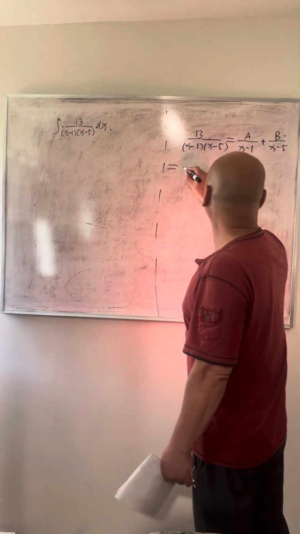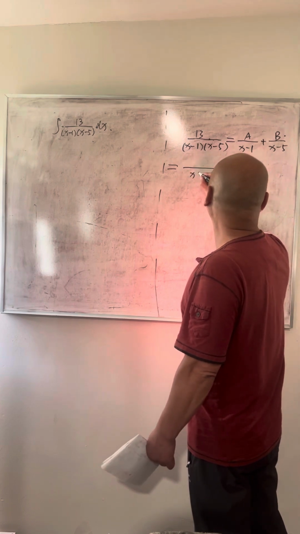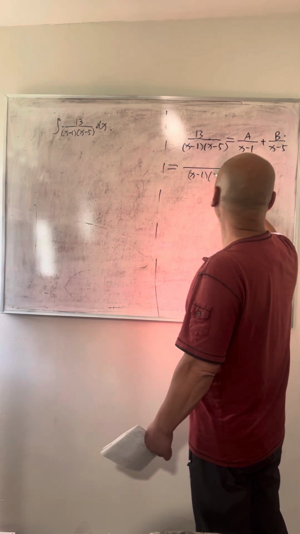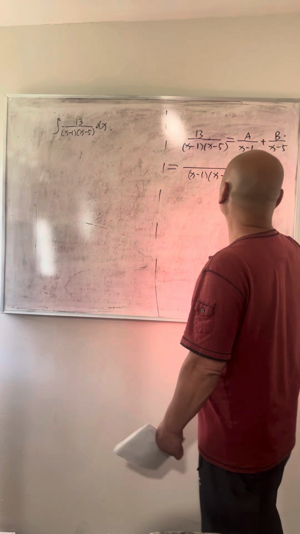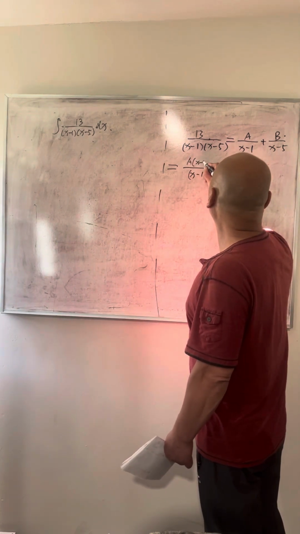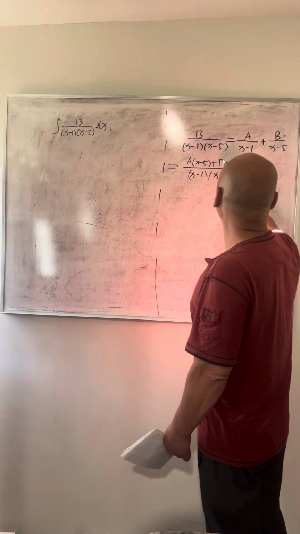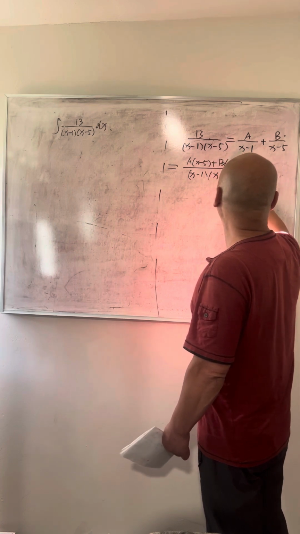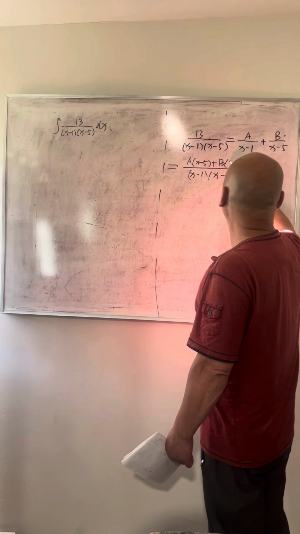Let me see how to do this one. With a common denominator, here's A times (x minus 5) plus B times (x minus 1).